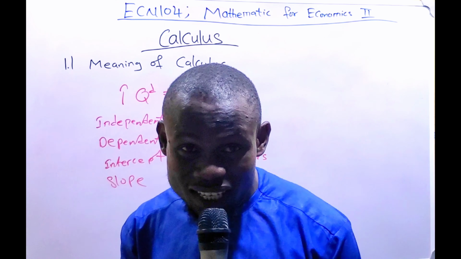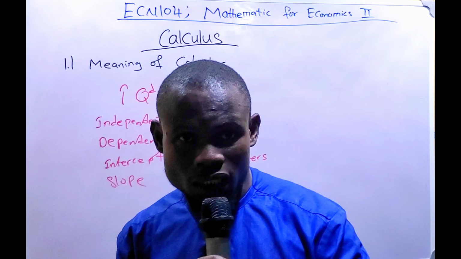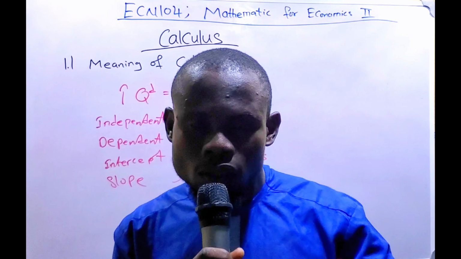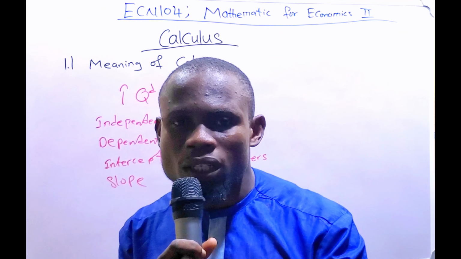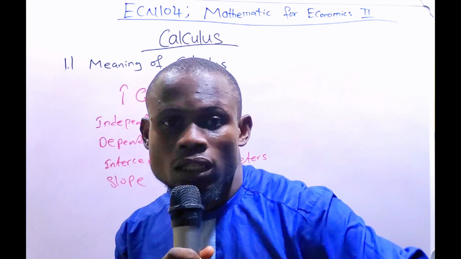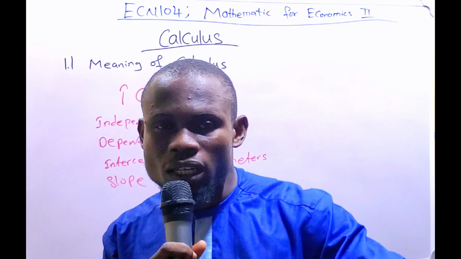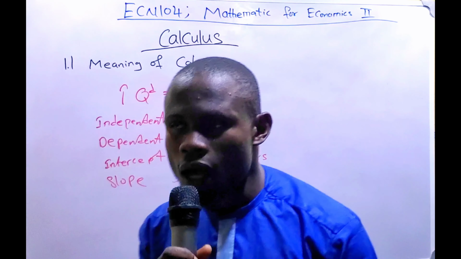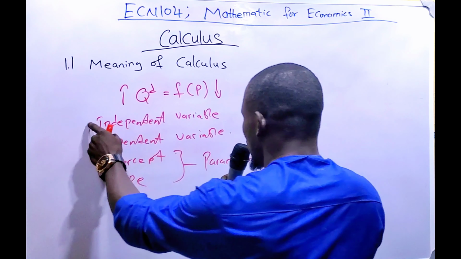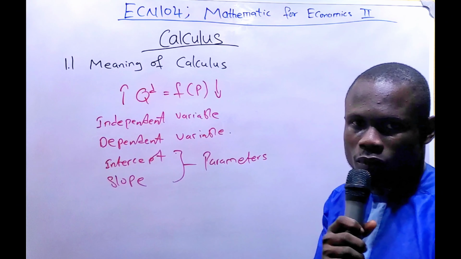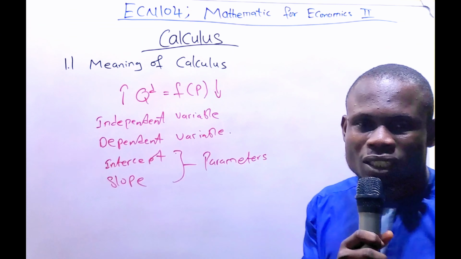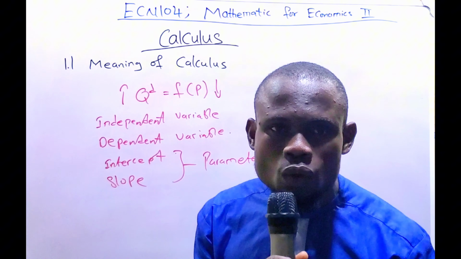But as price increases, quantity demanded reduces, and as price reduces, quantity demanded increases. So we have already identified our independent variable to be P.